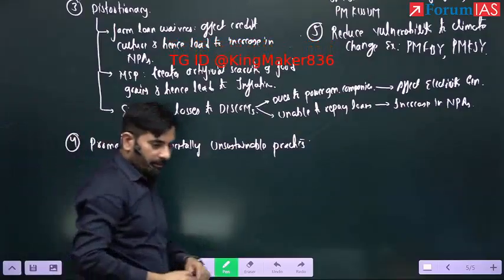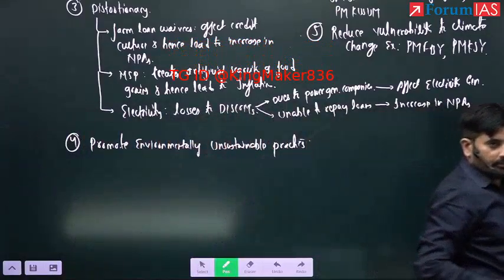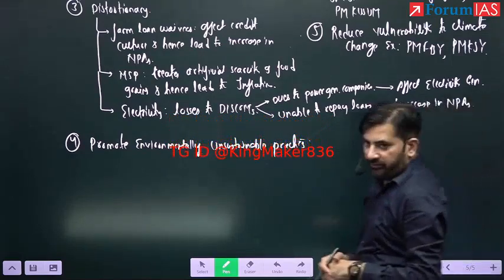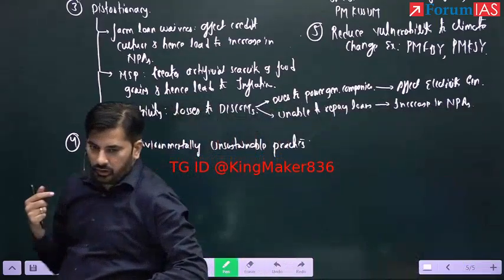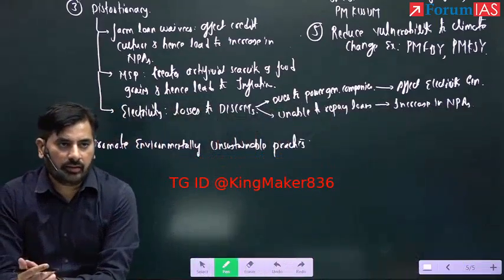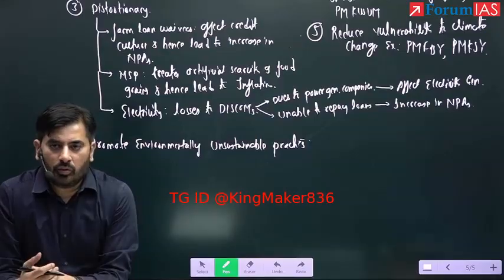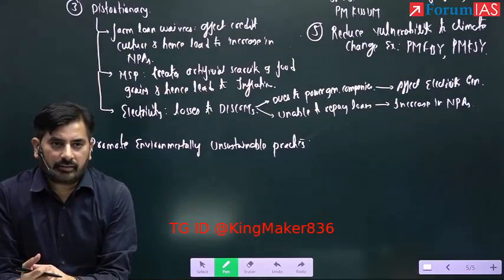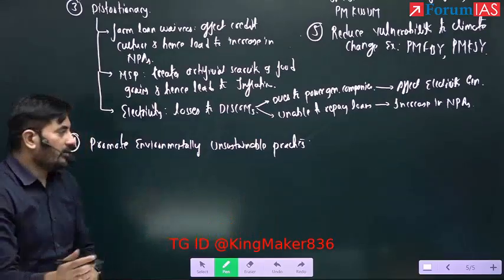Environmentally unsustainable practices. देखो सारे सब्सिडीज कौन सा है environmentally unsustainable? हाँ, number one you can write overuse of urea, leading to imbalance in fertilizer consumption.